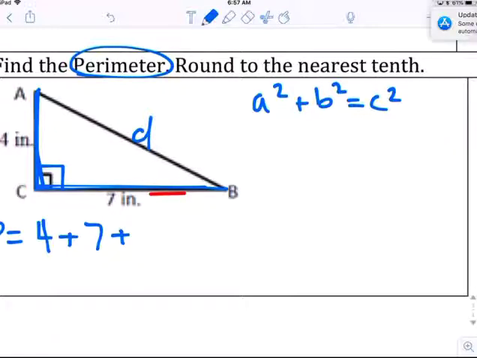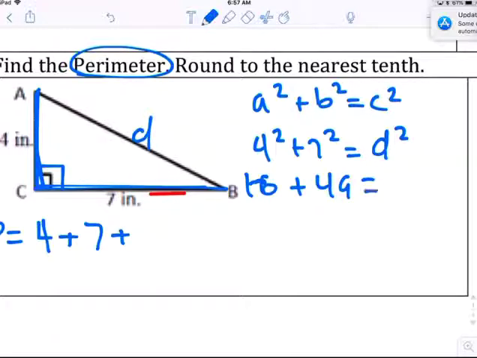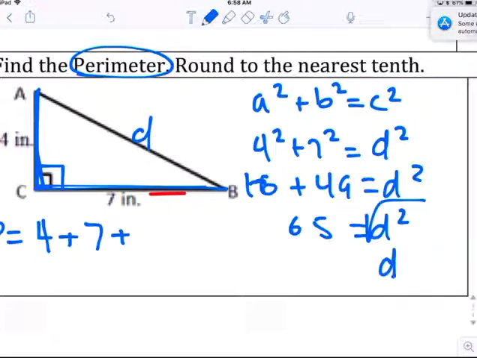Okay. 4 squared plus 7 squared equals the diagonal side squared. 16 plus 49 equals the diagonal side squared. That's 65. Find the square root of c squared, which is c, which we want.